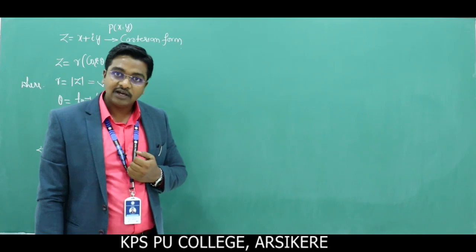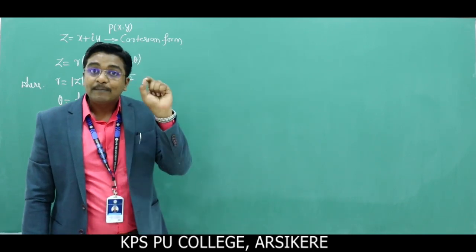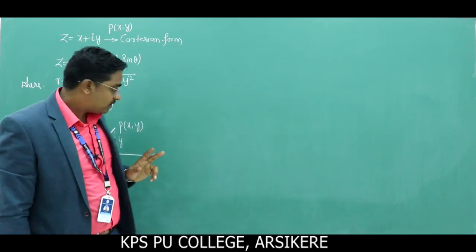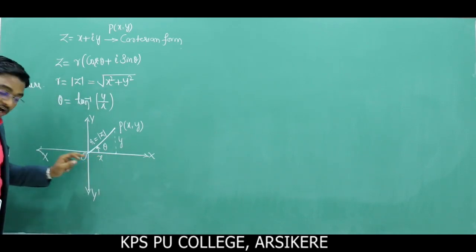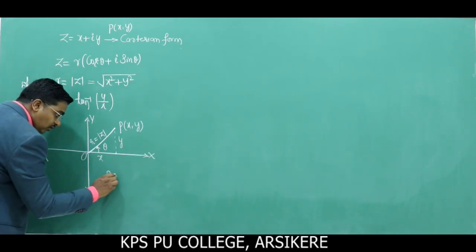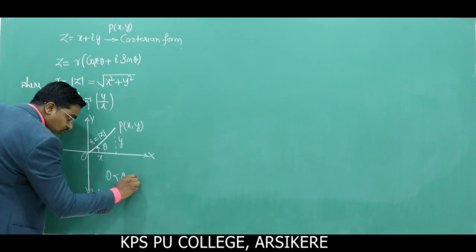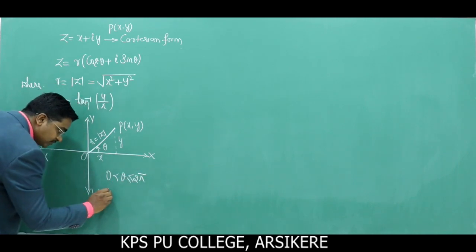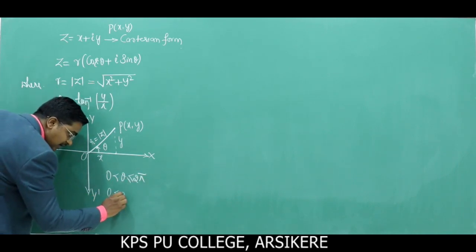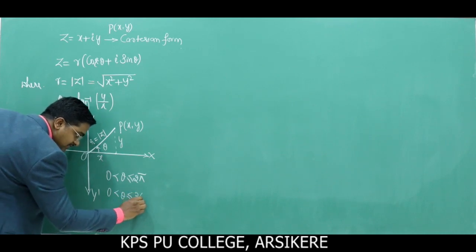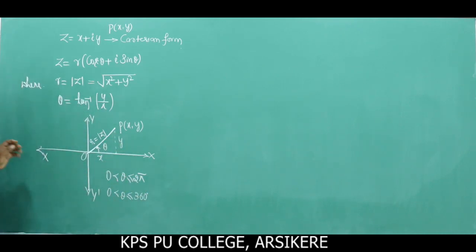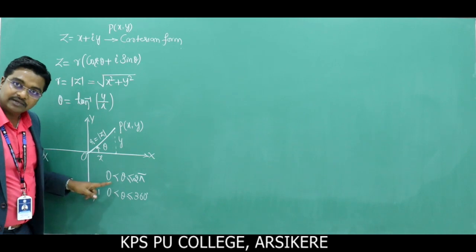Here just remember pi is equal to 180 degrees. In general the argument theta satisfies 0 less than theta less than or equal to 2 pi, which is nothing but 0 less than theta less than or equal to 360 degrees. This is the method.